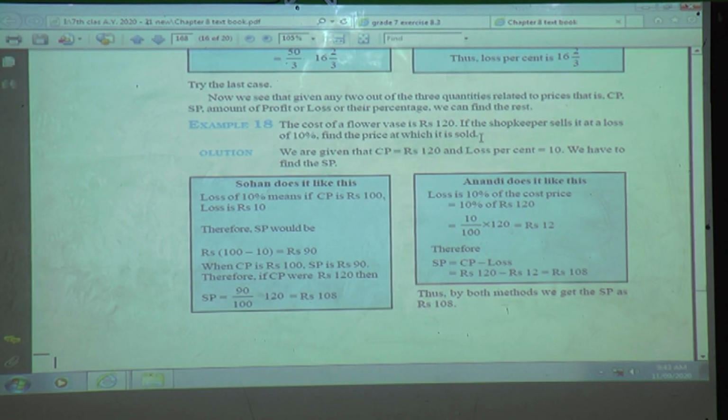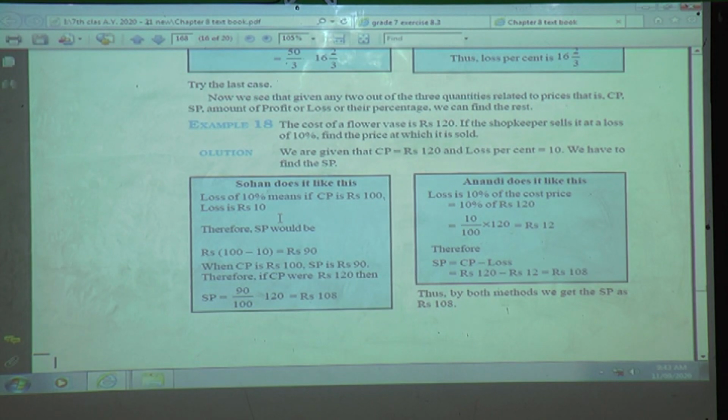CP, that is cost price, is equal to 120 and loss percent is given in the statement, that is 10%. We have to find out the SP, because it is asking the price at which it is sold. Sold means selling price.